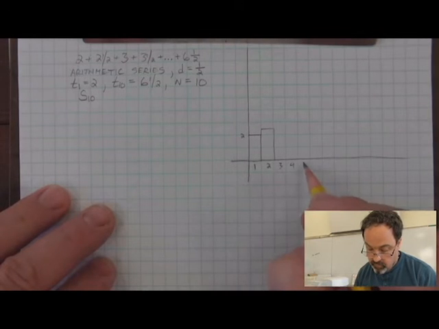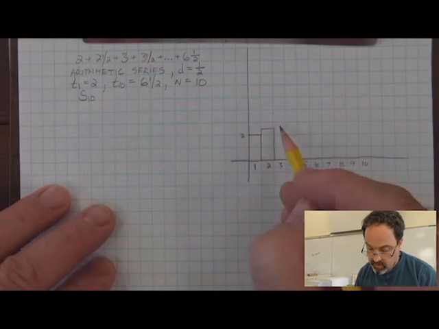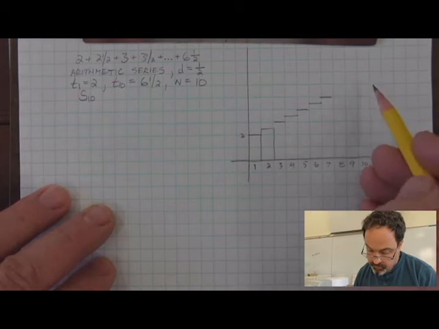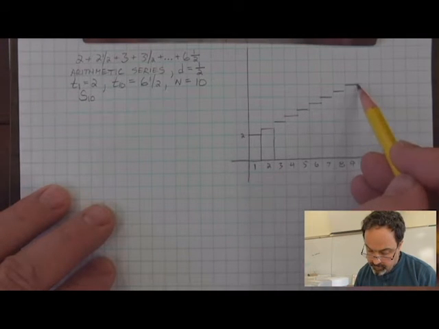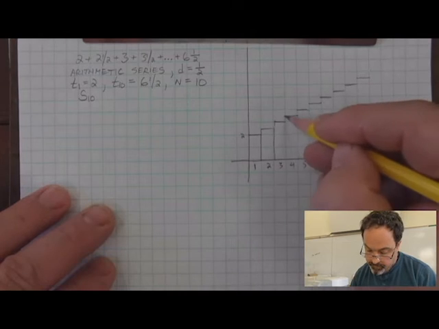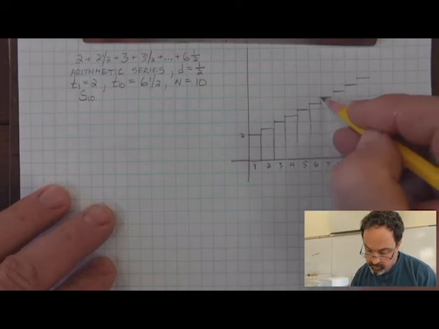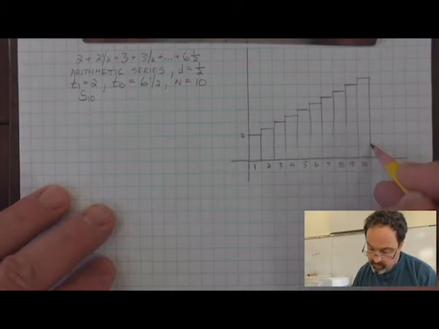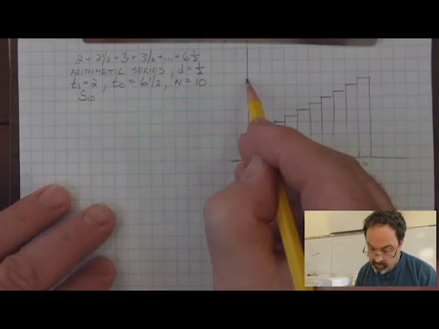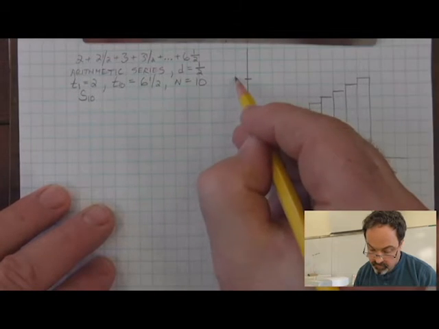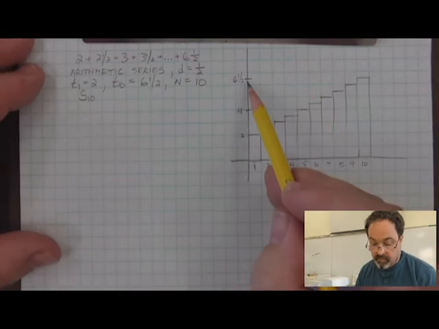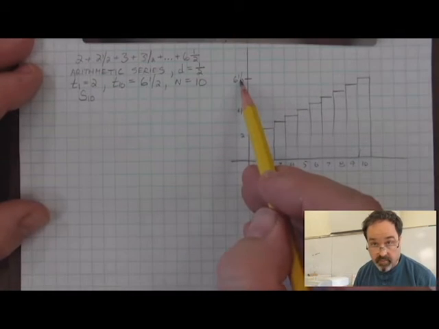We have 3, 4, 5, 6, 7, 8, 9, and 10 terms. It's going to go up by 1/2 each time. The last bar has a height of 6.5 because the value of the last term is 6.5.